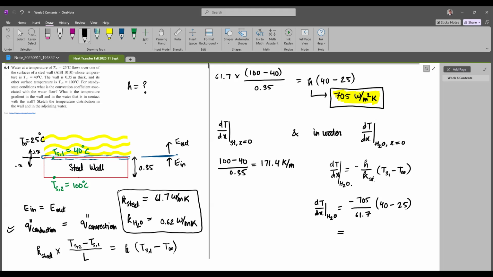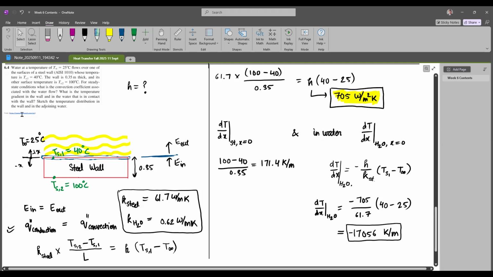So the answer which I have is minus 17056 Kelvin over meter. This is for the water. Now, I think that's all right.